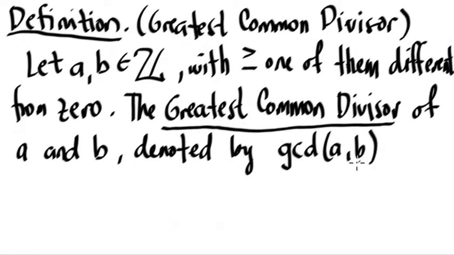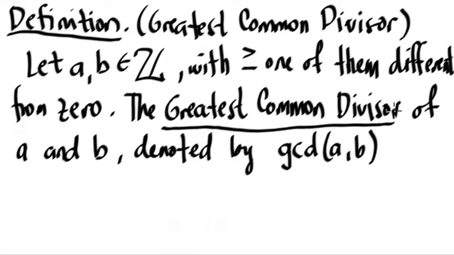We read this as the greatest common factor, or the GCD for short, or greatest common divisor. GCD of a and b is something, especially if it has an equal sign, for example 3. So the GCD of a and b is equal to 3. We denote that like this.